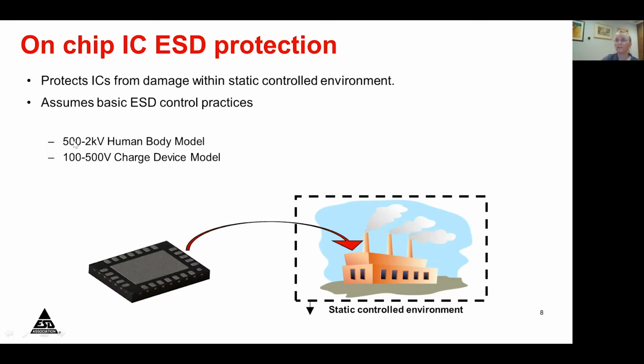If our IC is designed to meet 2000 volts, it means that the low level static buildup that's inevitable, because of movement around, will be safe for this chip. But the static control guarantees there will not be any stress in excess of that.